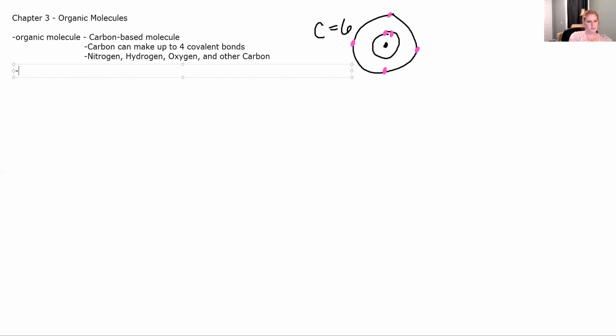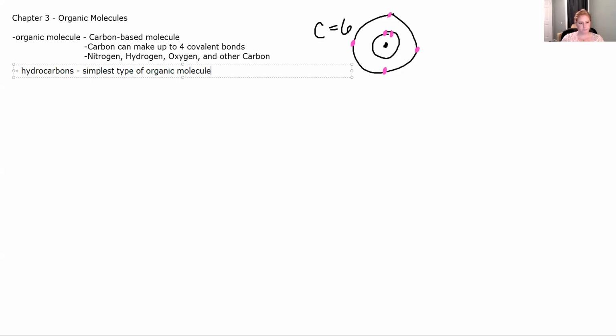Let's talk about the simplest type of organic molecule that there is: hydrocarbons. You're probably familiar with hydrocarbons because they get talked about a lot in regard to the environment, the atmosphere, global warming, greenhouse gases.